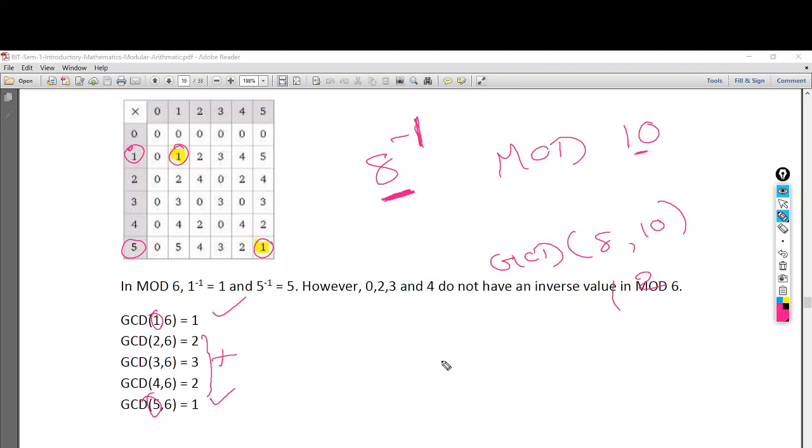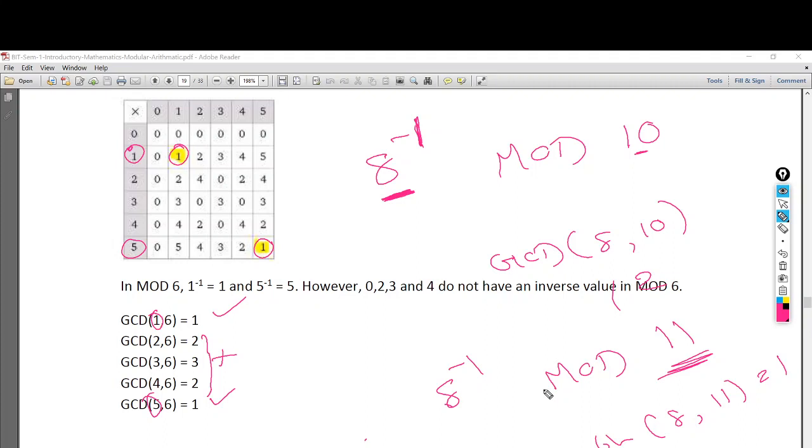But if you take something like the inverse of 8 in mod 11, you can see that the GCD of 8 and 11 is 1. So yes, 8 has an inverse in mod 11. The first thing is you have to find out whether there is an inverse or not.